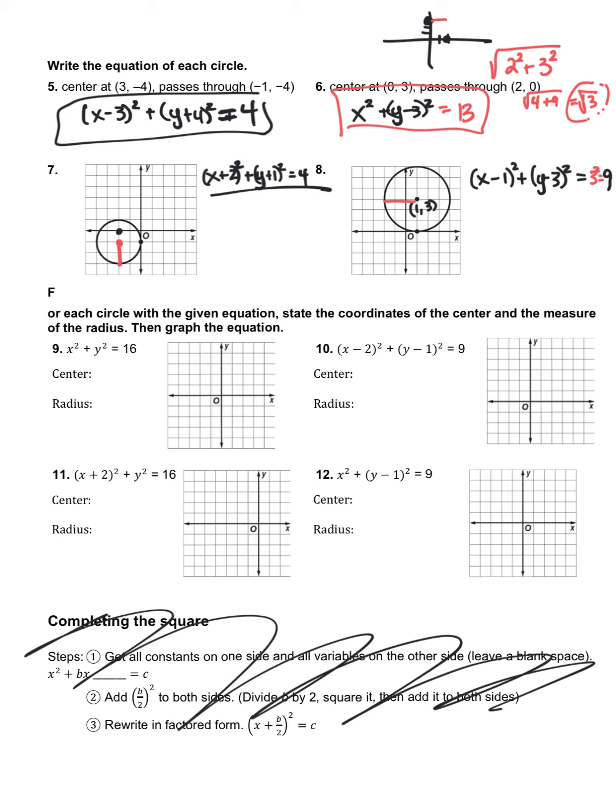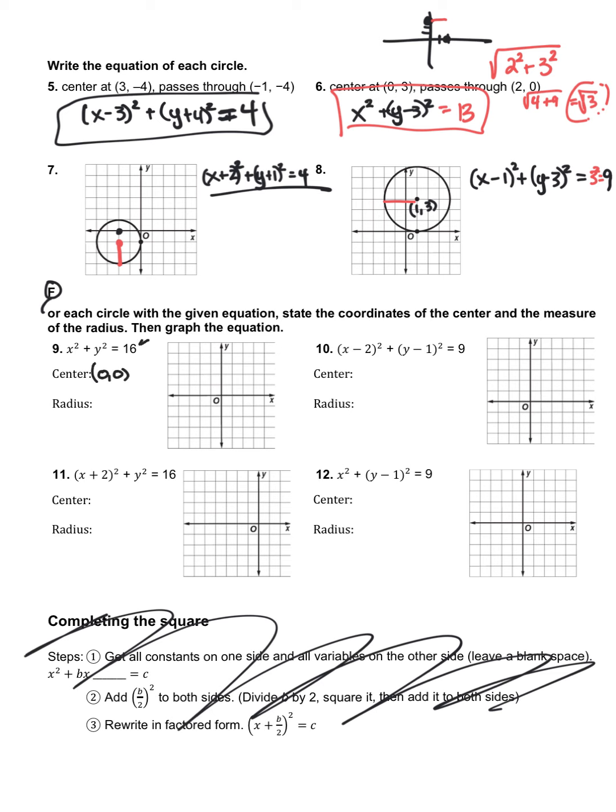Okay, down below here, this f that you see right there, that should be a 4. And it should be for each circle with the given equation, state the coordinates of the center and the measures of the radius. As you can see, this one didn't get any sort of a transformation at all. And so our center is going to be at 0 and 0.